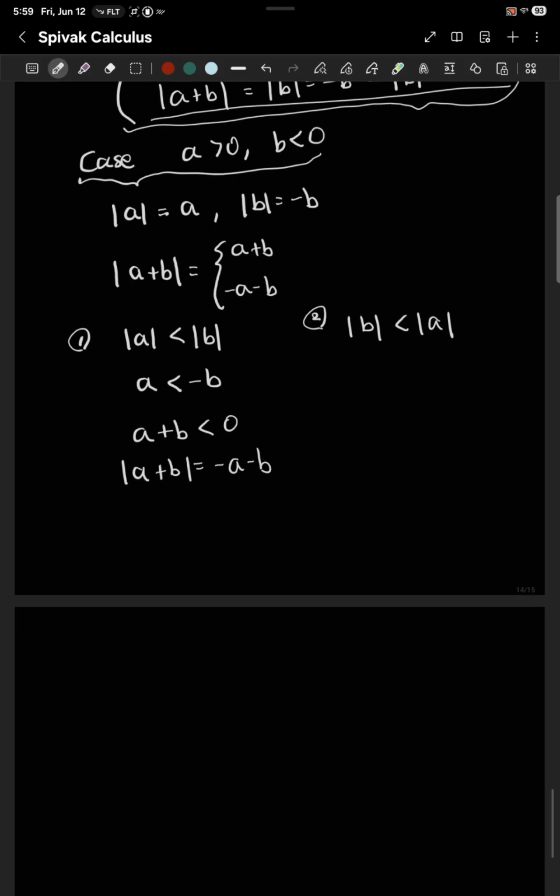We need to compare this value to A plus negative B, right?